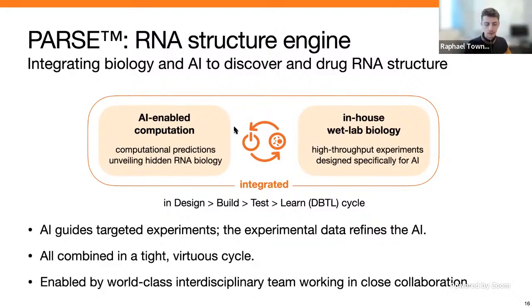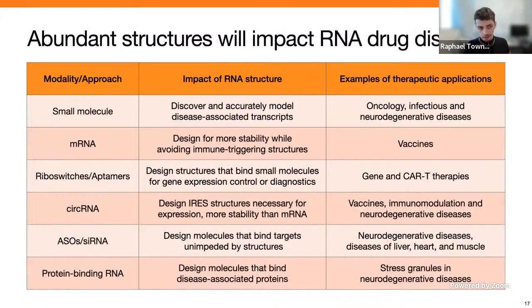Overall, we've built what we call the PARSE platform. The name doesn't matter so much, but it's the platform for AI-driven RNA structure exploration to discover and drug these RNAs. The applications of this platform are quite broad, in many different areas. You can design typical small molecule drugs for cancers or infectious diseases or neurodegenerative diseases such as Parkinson's or Alzheimer's.